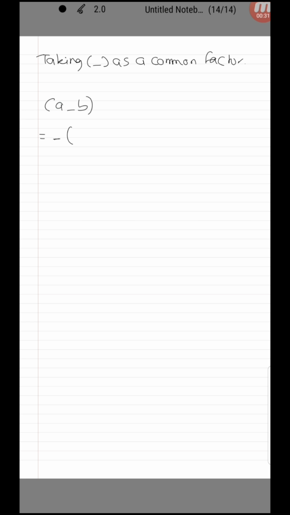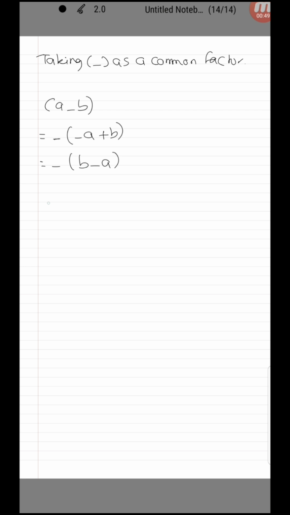So a will become minus a and minus b will become plus b, which is equal to minus a plus b, the same as b minus a. So if I have a minus b and I take minus as a common factor, it will become b minus a.